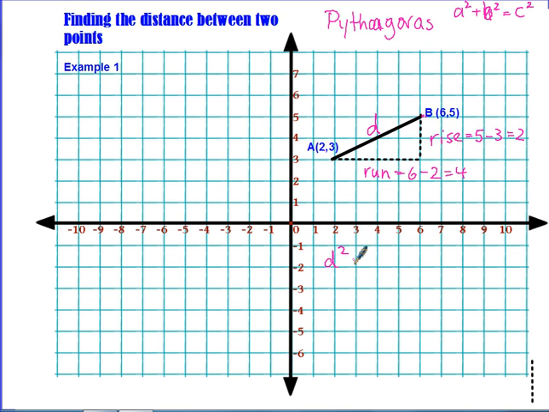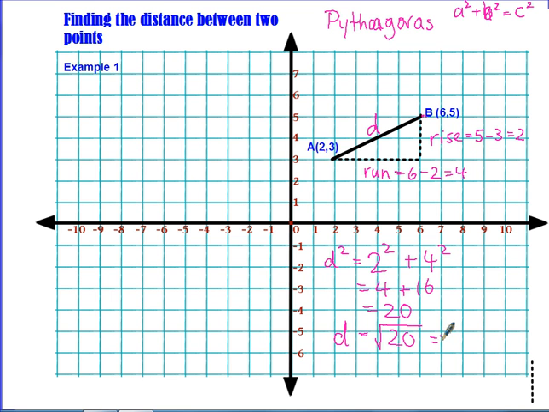So d squared will be equal to the rise squared plus the run squared, which equals 4 plus 16, which equals 20. Now this is d squared, so to find d, I need to find the square root of 20.